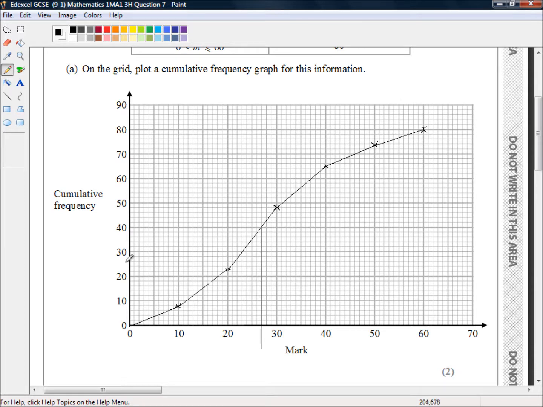So this is basically the upper quartile, because we're looking for 3/4 of the students to fail. So if 3/4 of the students fail, we've got to get up a quarter of the way between 80 and 0, or 80, counting down from 80.